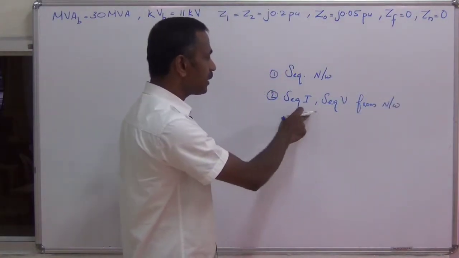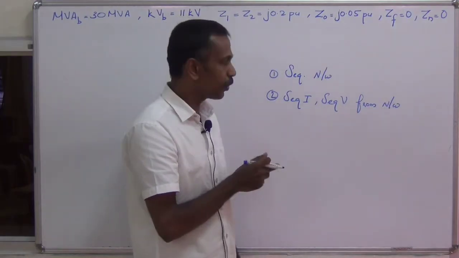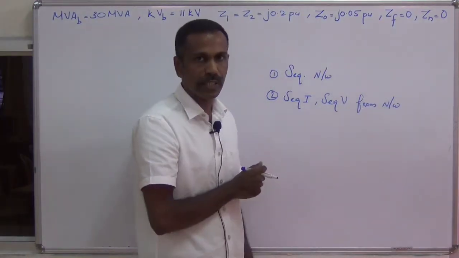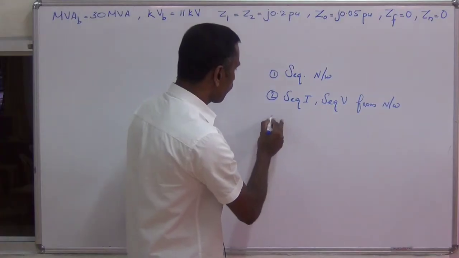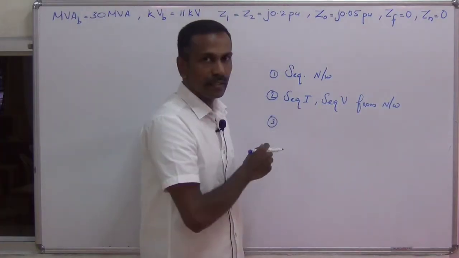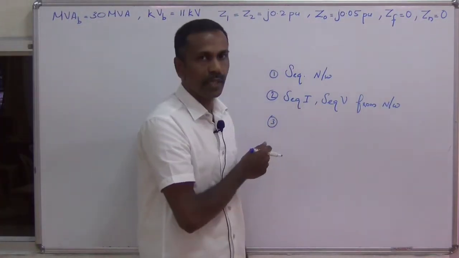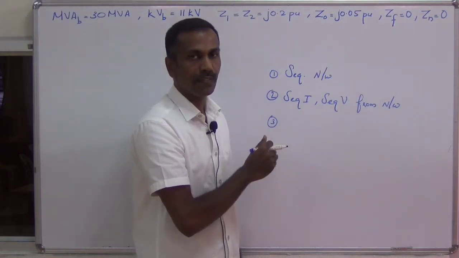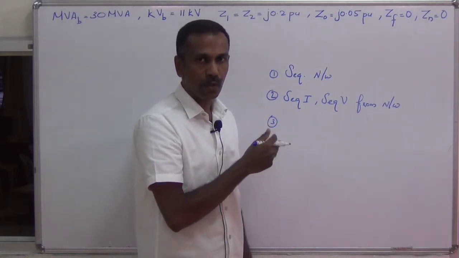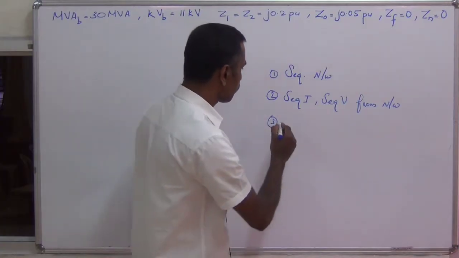After we get the sequence voltages and sequence currents, we have to convert the sequence quantities into phase quantities.